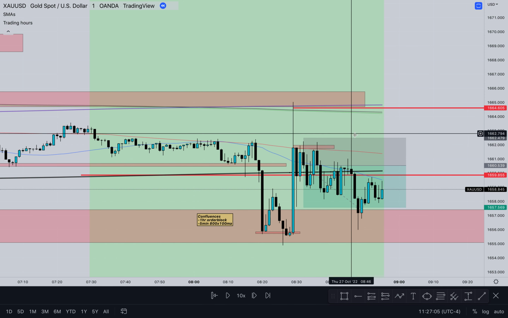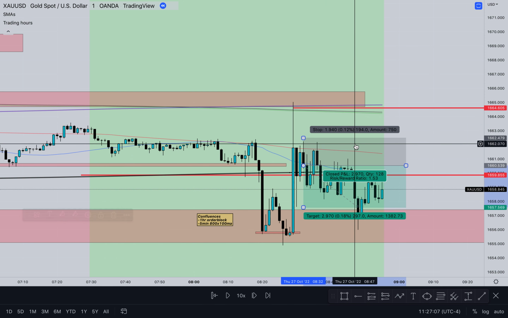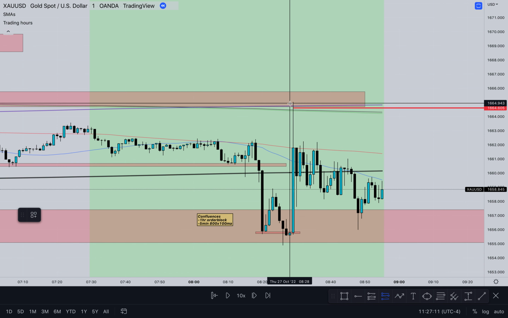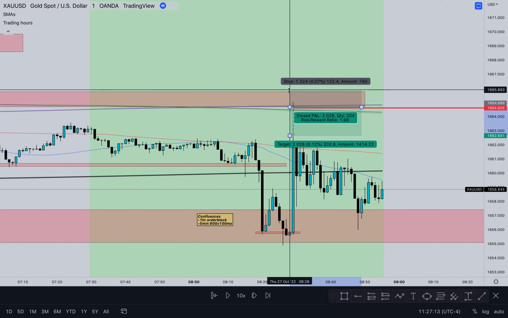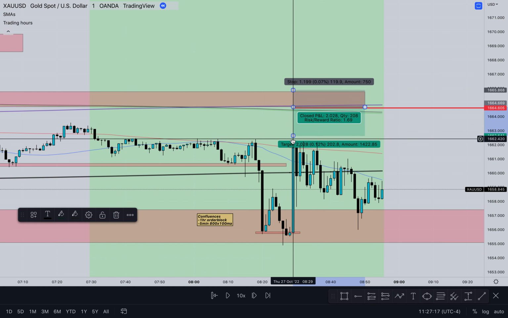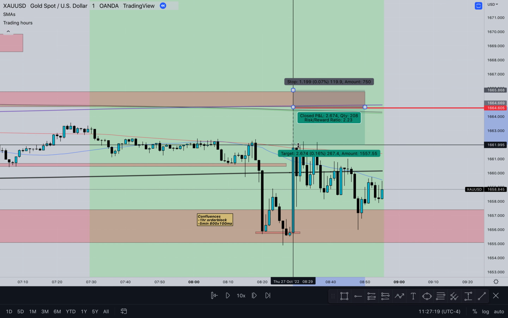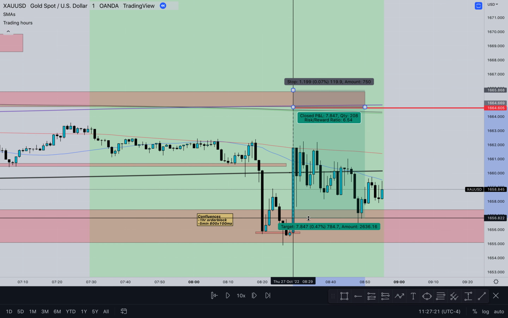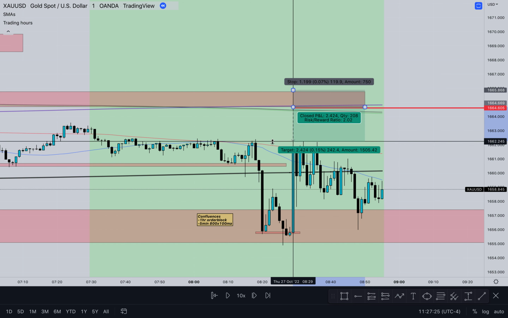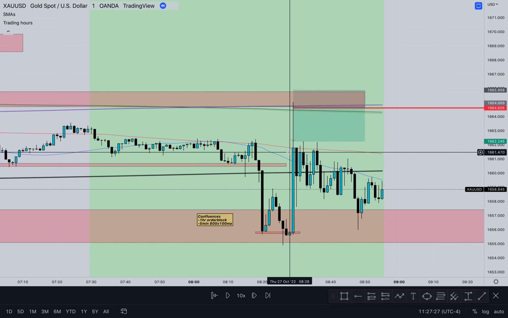The best thing for this scenario would be a limit here, stop loss there, and then TP at least 1 to 2. You don't have to rush, but I would say right here, previous structure.